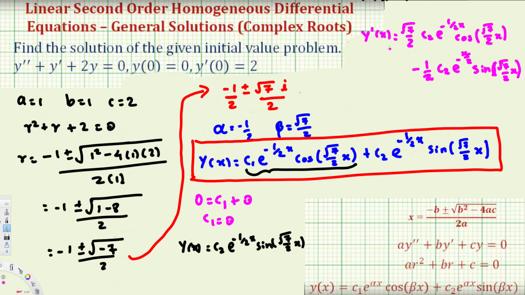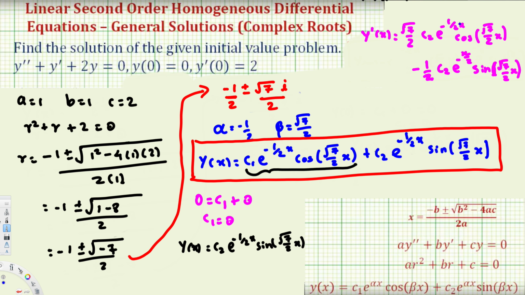Now let's plug in 0. We definitely know this second part is going to be 0, because we have sine here, and sine 0 is 0, so this whole thing is 0. So we only have this part. Now let's see what happens when we plug 0 for x.